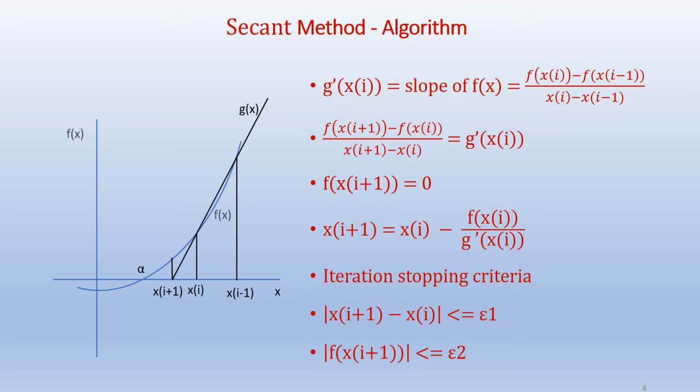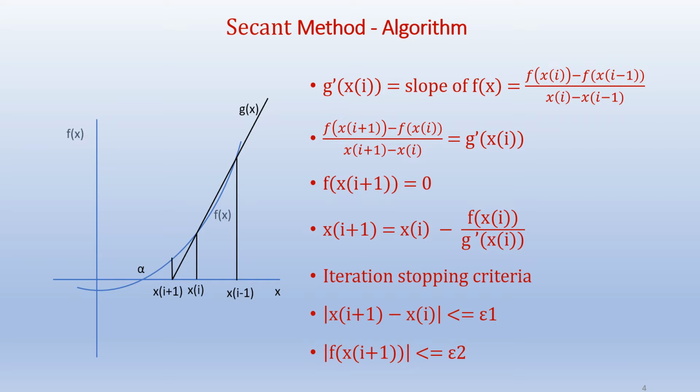Once we know these two values, we can draw a straight line through these points, and that line is g of x. This line goes through these two points and intersects the x-axis at x of i plus 1.